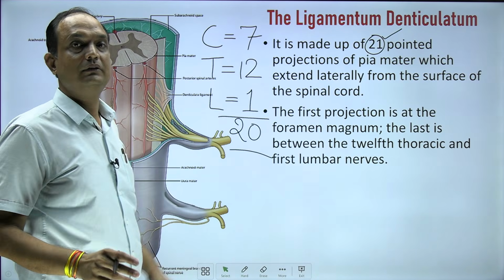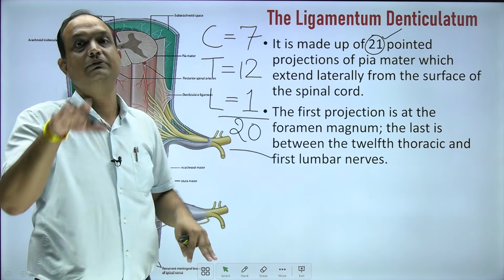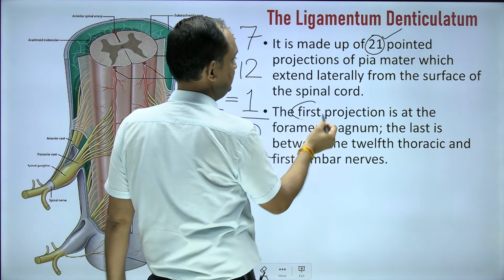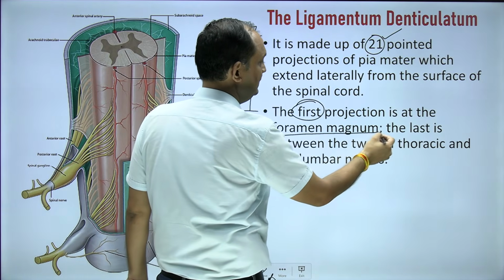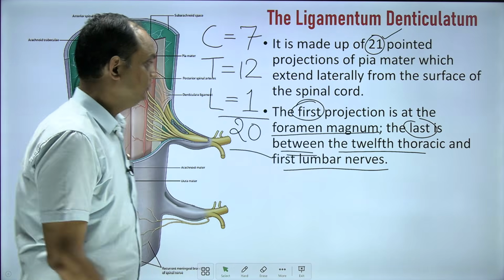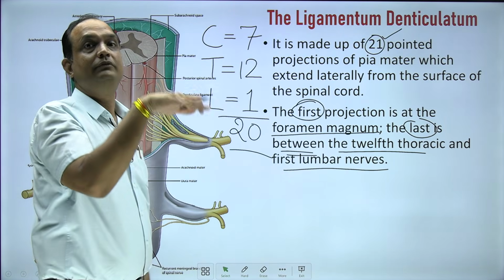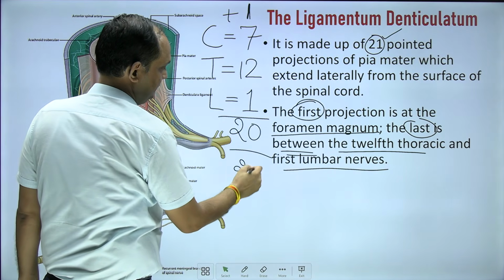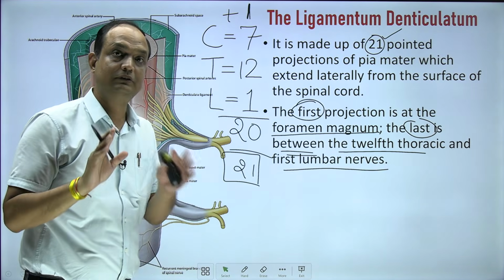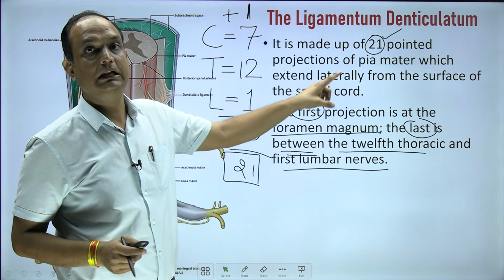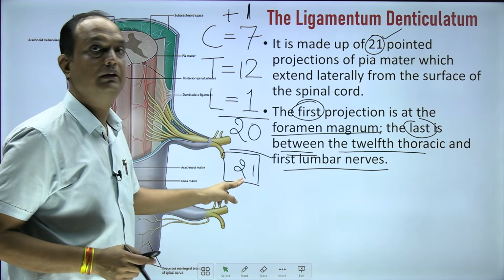Why? Because it starts above the C1. So the first ligamentum denticulatum, the first projection, is at the foramen magnum and the last is between the T12 and L1. So the one which is above the C1 also comes here, and then the total is 21. Clear? So this should always be in your mind: why are the ligamentum denticulatum 21?